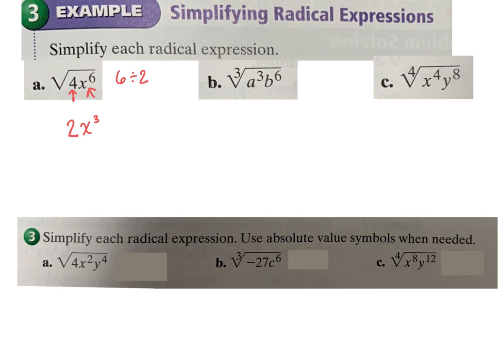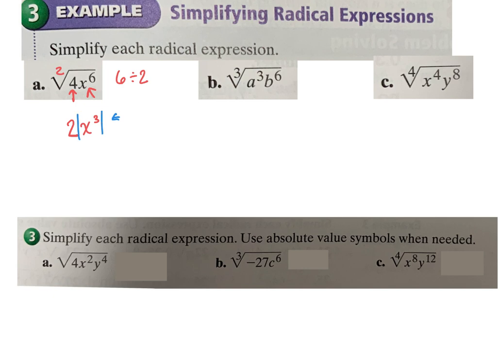So because I had an even index and my exponent came out to be odd, which would potentially give me a negative number, my even index requires a positive number, all right? So I have to do absolute value around this guy.